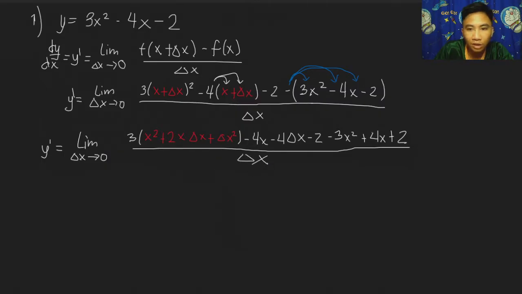As we can see, si 4x, ito negative 4x, pwedeng makancel sa positive 4x. Then to si negative 2, pwede din natin i-cancel dito. So, napapaiksi na natin. Copy nyo lang ito. Then ito, multiply lang din natin.